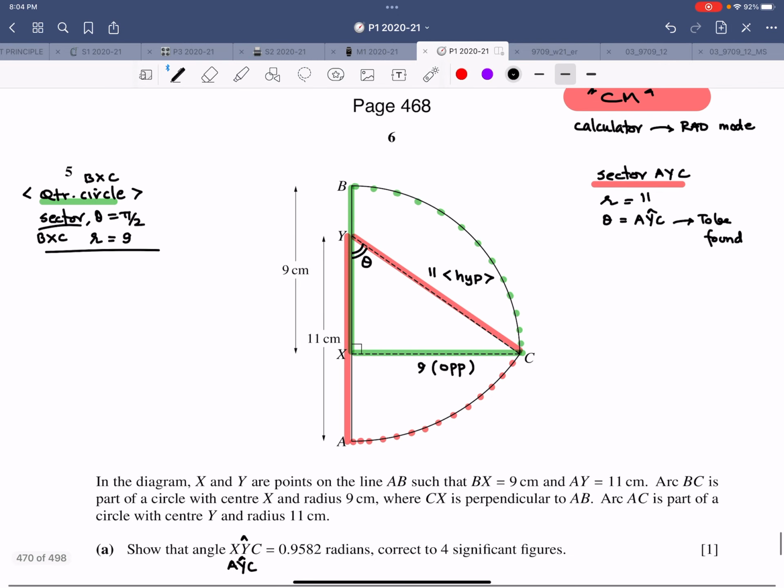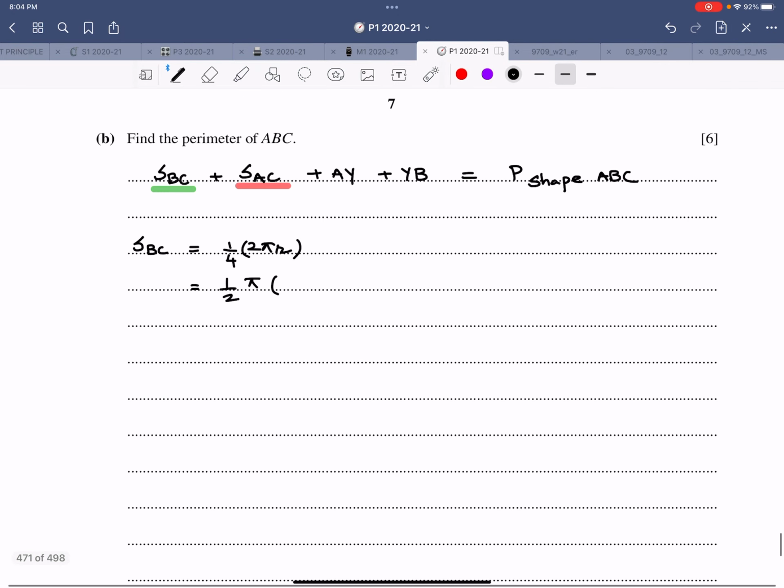Therefore this comes out to be 9/2 pi. Alternatively, I can also use the formula r theta. So r is 9 and theta is pi by 2, which again comes out to be 9 pi by 2 centimeters. Leave the answer intact.